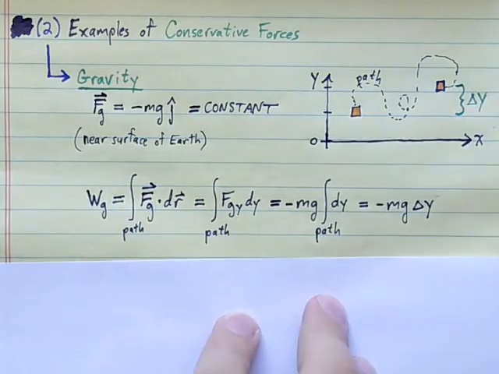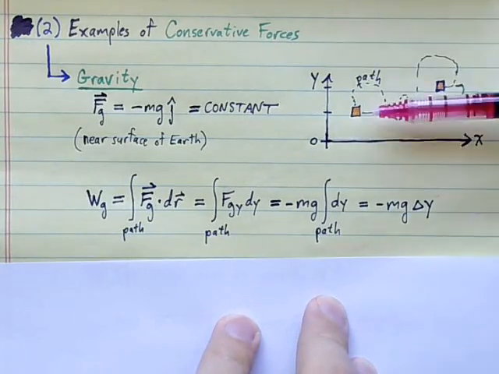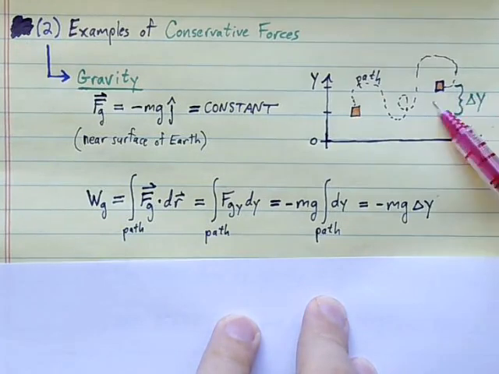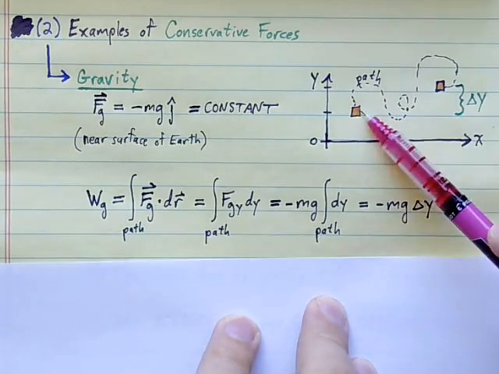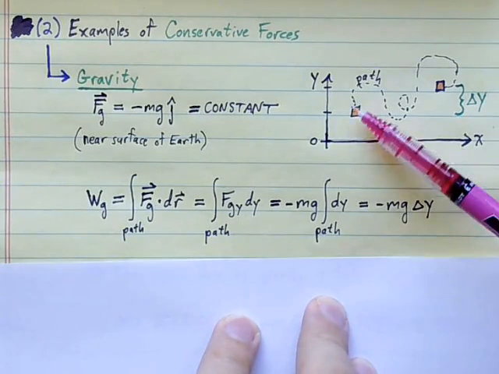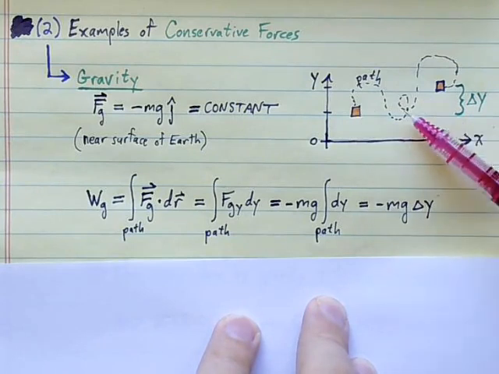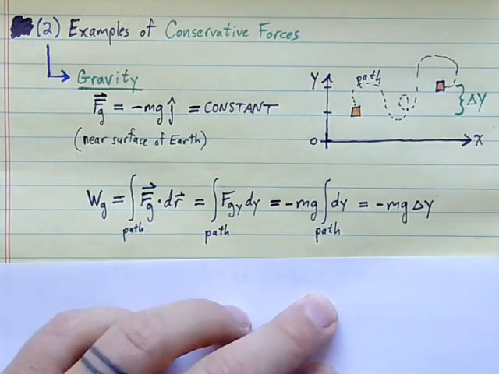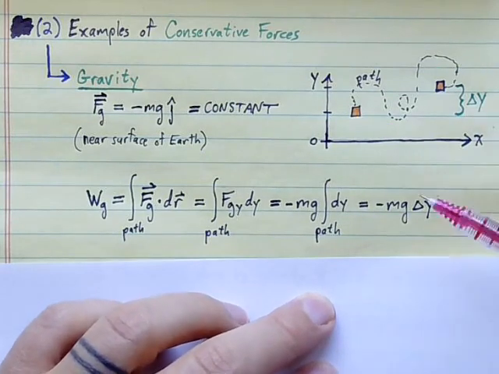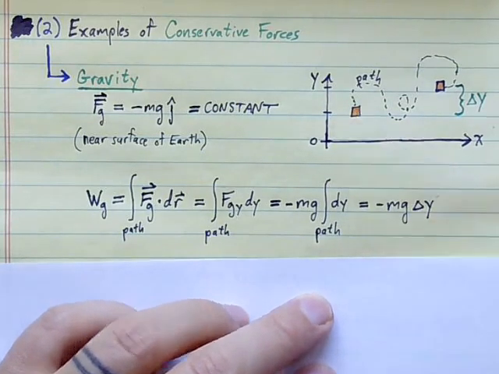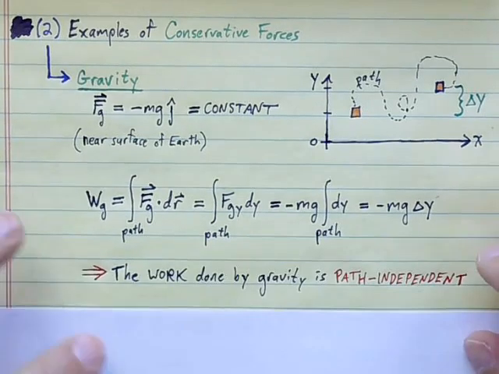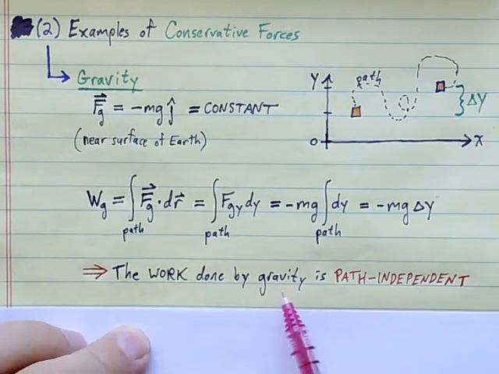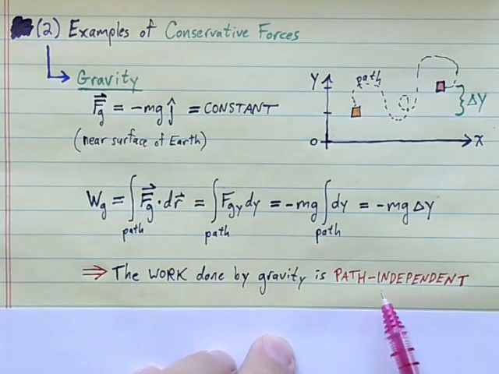And notice, it only depends on the final y coordinate and the initial y coordinate, y2 and y1. It does not depend on any other properties of this path, how long this path was or how curvy or twisted or convoluted it was. All that matters are the final and initial y coordinates, indicating to us that the work done by gravity is what we call path independent.